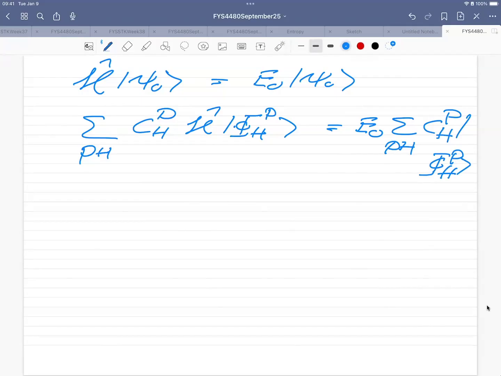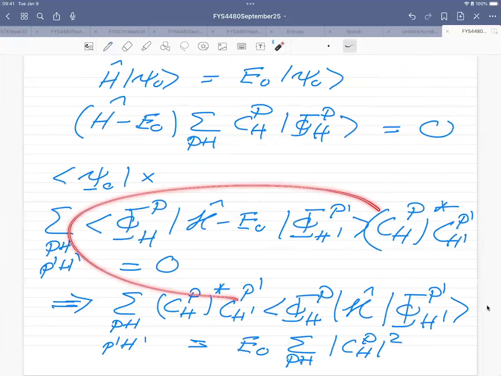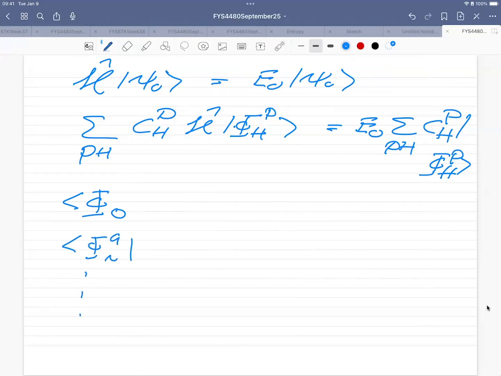So one thing we can do now when we are setting up what's called a Hamiltonian matrix in order to study this problem which we have here, is to multiply from the left with phi 0. This would correspond to a block or a part of the Hamiltonian matrix which we have, and then we can multiply it with a one-particle, one-hole state, etc. So let's just write out these different terms.